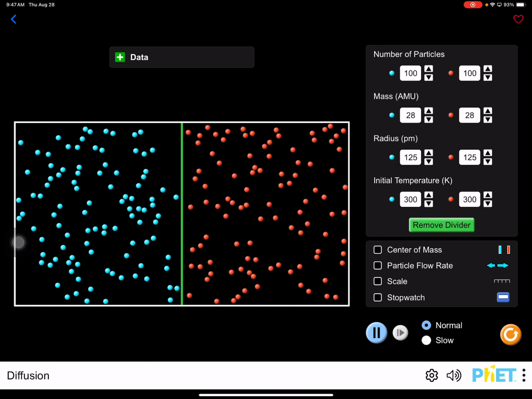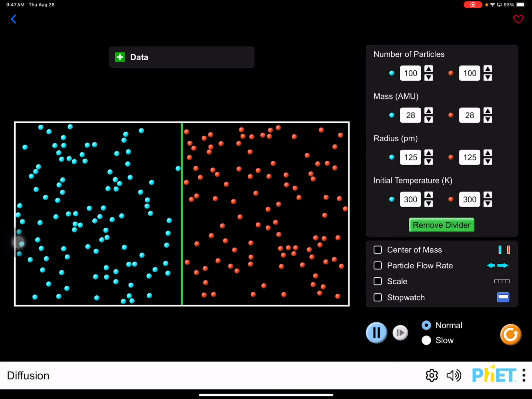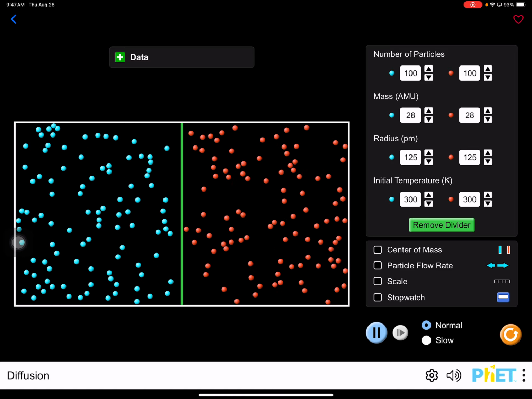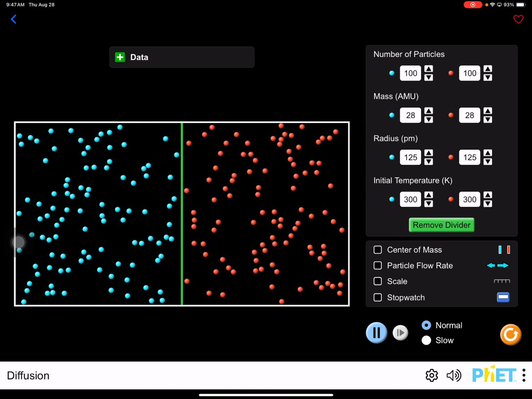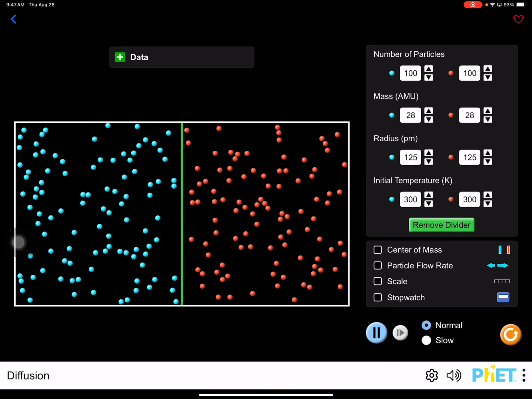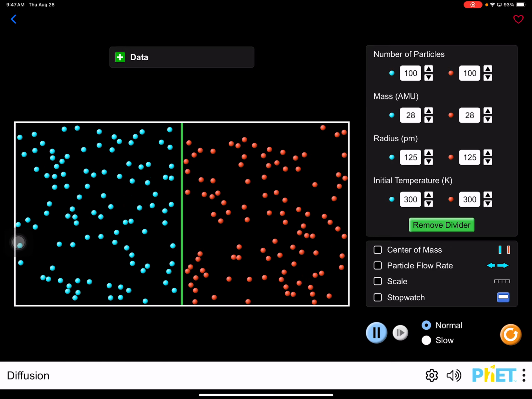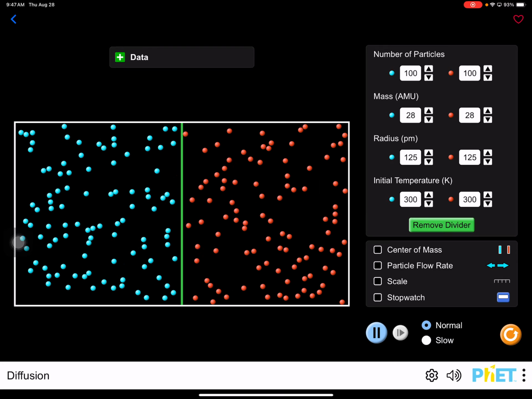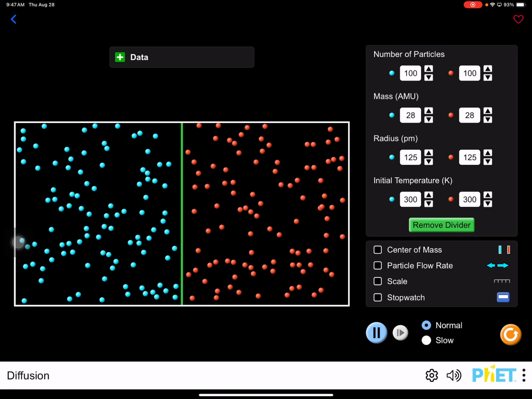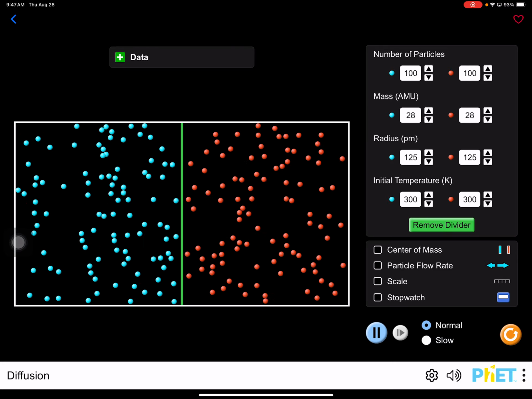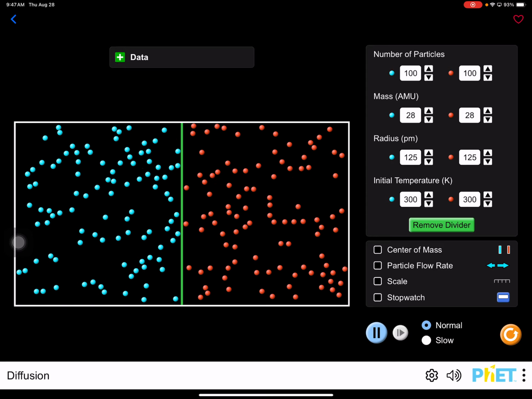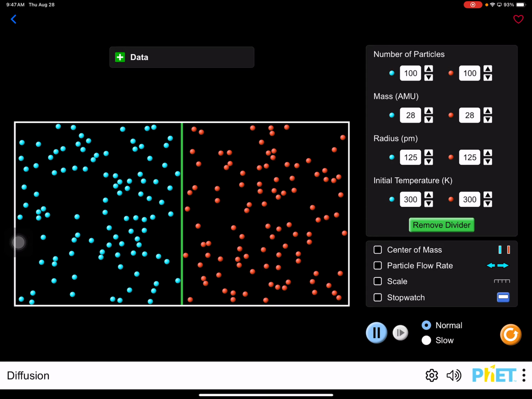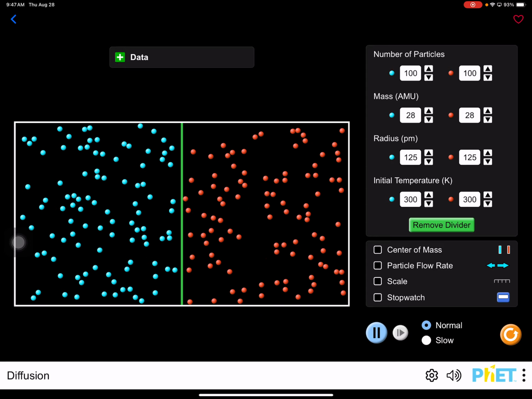Okay, so we'll talk about this more. I just want to introduce this to you. This is very important. Anytime in your body, anytime molecules have to be transported over the distance of a cell, this is what happens. So when oxygen is transported from your alveoli into your blood, this is what happens.